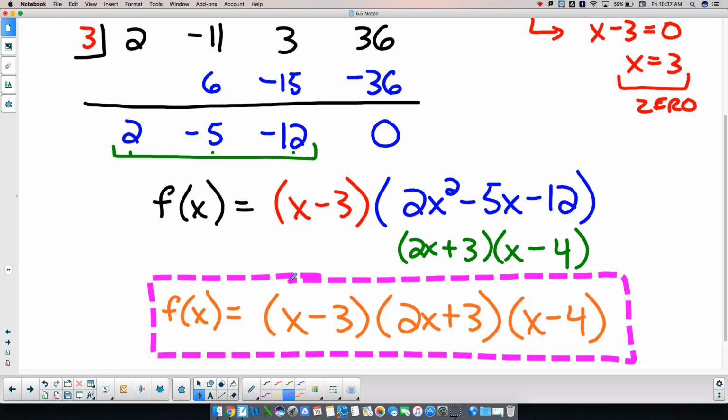And that's where I stop. If it said give me the 0 solutions, roots, whatever, I would go on and then I would say x minus 3 equals 0, 2x plus 3 equals 0, and x minus 4 equals 0. Okay?